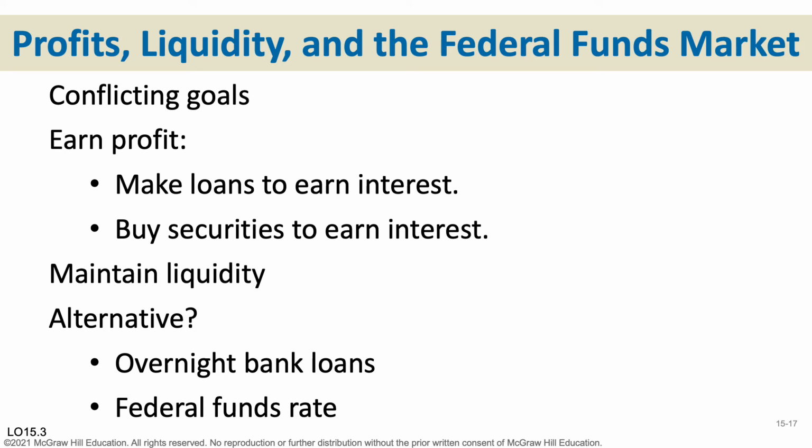So the bank has to maintain liquidity, and the only really liquid accounts the bank has are either cash or their reserve account. So they have to keep enough in their reserve account to meet all their depositors' demands. If they get greedy and try to loan out too much, then the bank can fail, can go under, because they can't meet their depositors' demands. So banks are constantly balancing these conflicting goals.